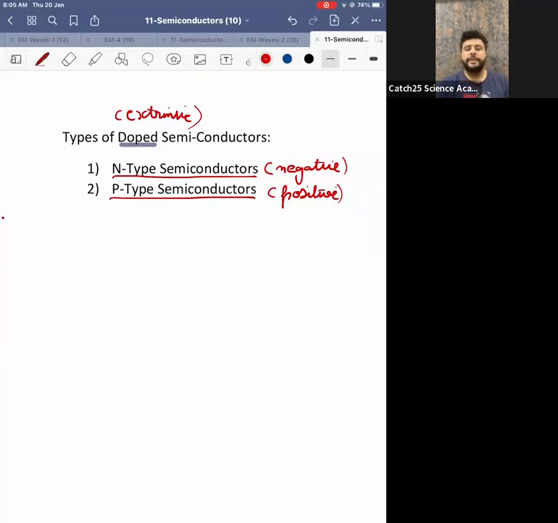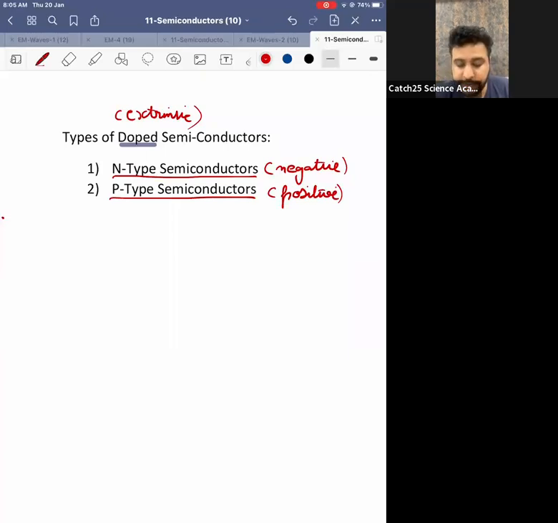Okay, now listen to me. There is one concept about semiconductors which you need to know and understand. Can I say in conductors, we have electrons and protons, negative and positive?